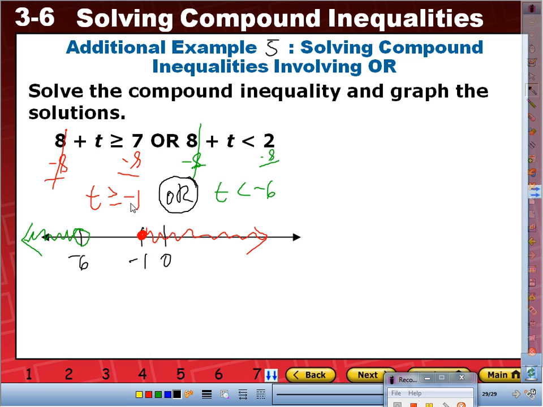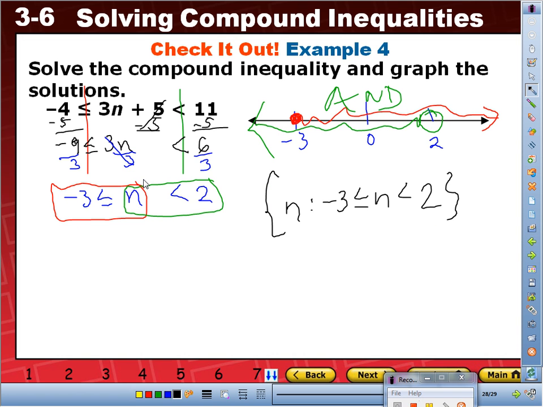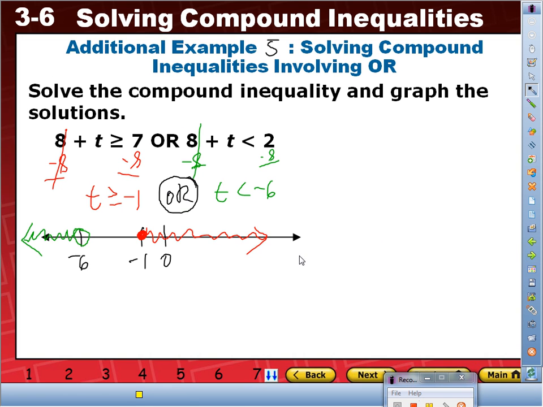Let me explain the or. Let's say you went to the food court. Everybody look up. If you went to the food court with the and, this one, you would have, let's say, Mongolian food and Italian food. So some of you would like a rice bowl with something and then a slice of pizza. However, look at this one. This one says you're either going to have Mongolian or Italian.